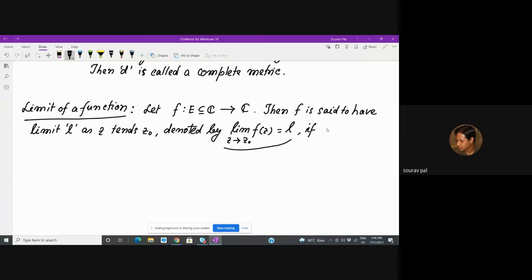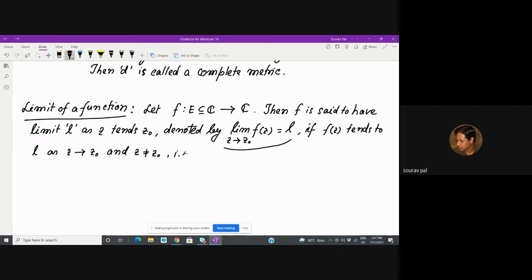If f(z) tends to L as z tends to z naught and z is not equal to z naught.